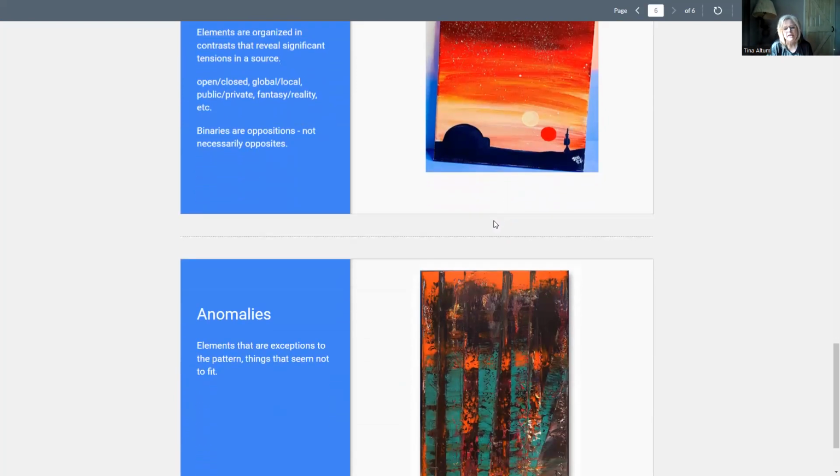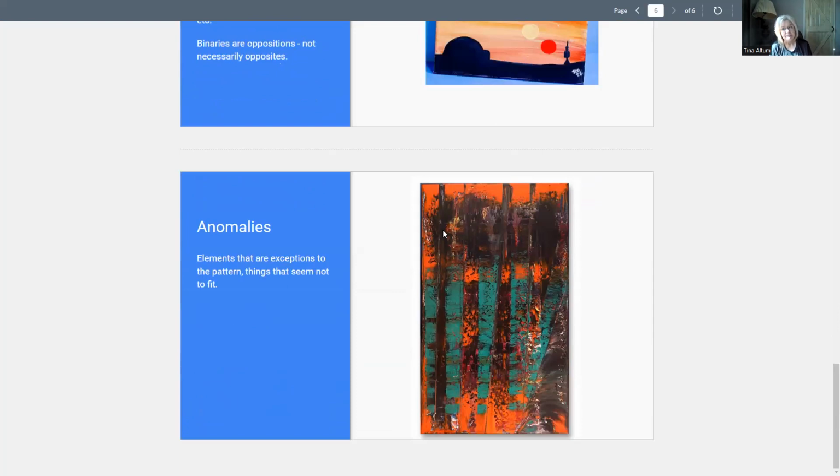And then the last one is called an anomaly. Probably you've heard this phrase used before, but elements that are exceptions to the pattern, things that seem not to fit. So when you look at this particular image, you see a lot of, those could be trees. That's what I see anyway, I see trees all going up and down.